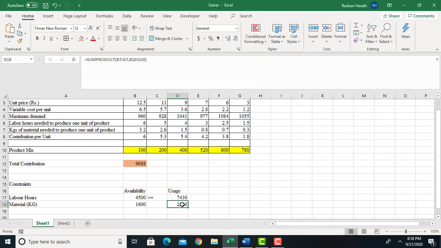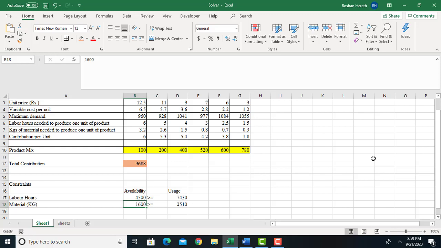At the moment it is greater than the availability, and it's perfectly fine, because that is something we are going to figure out. So you can see again the availability must be greater than or equal to this usage. Availability should always be equal to the usage, or it must be greater, or otherwise the usage must be lower than the availability.